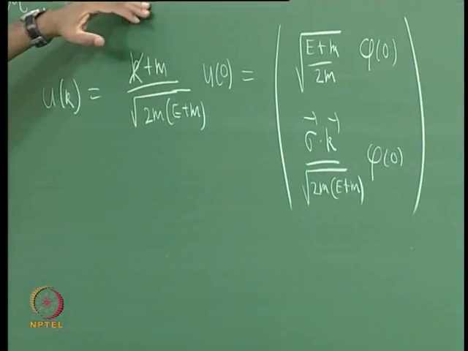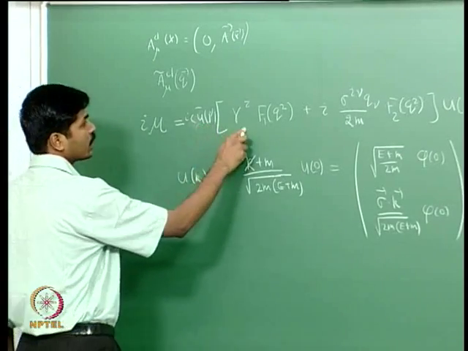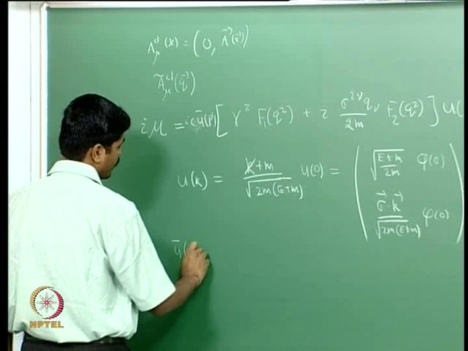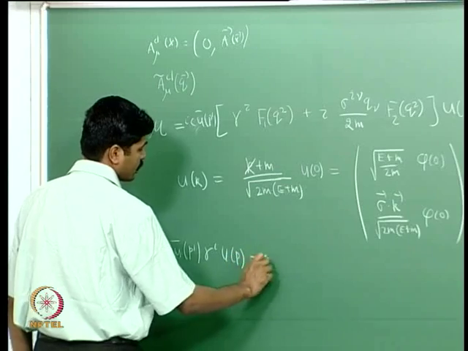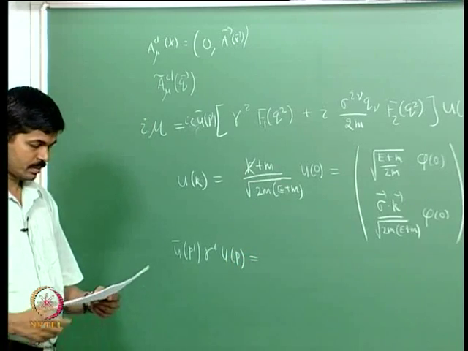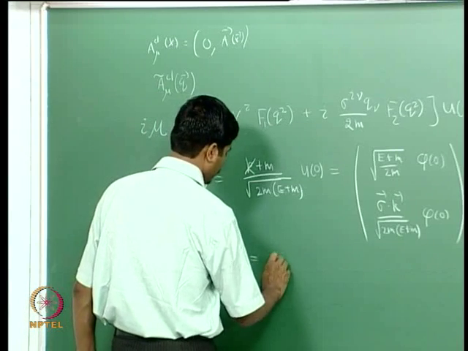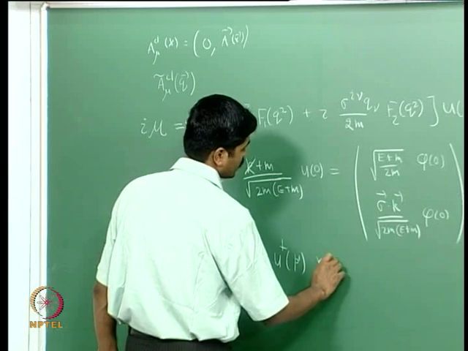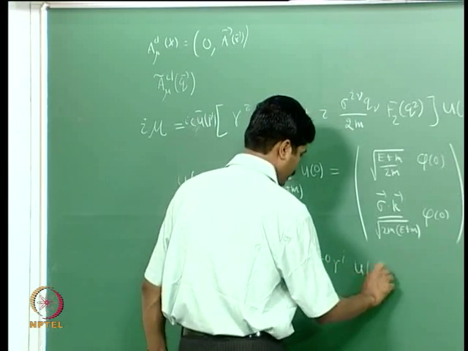So, we will plug this into this formula here. Let us first compute the first term, which involves ū(p′) γ^i u(p). So, what is this term? We will write it as u†(p′) γ⁰ γ^i u(p).